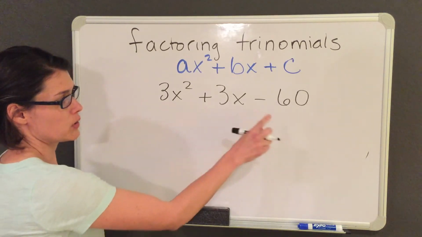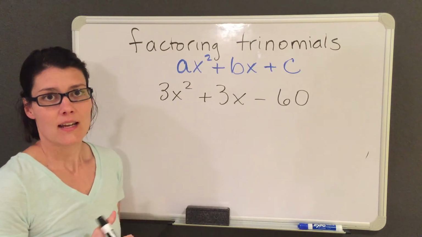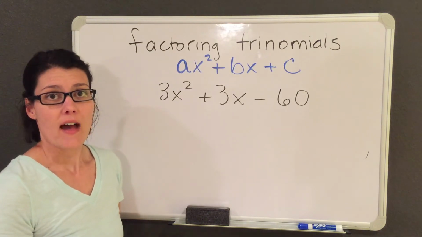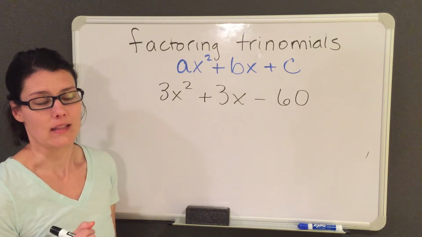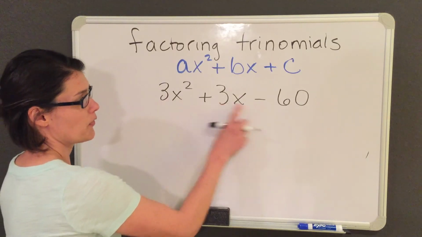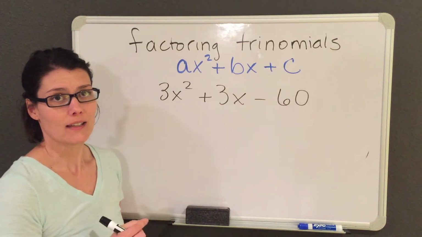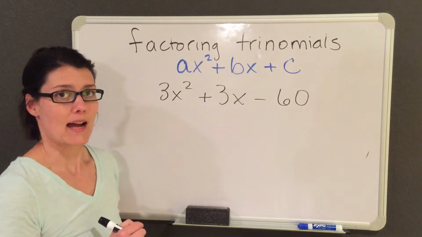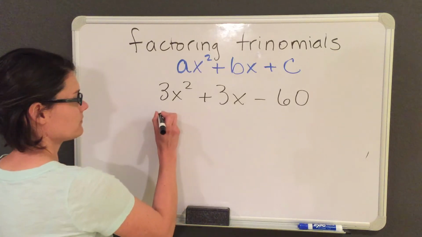And so if you see a situation where your leading coefficient is not 1, you always want to check if there's a greatest common factor that you could take out before you start doing anything else. So if I look at the numbers 3, 3, and 60, I do have a greatest common factor of 3. So I'm actually going to take out a 3 before I do anything else.